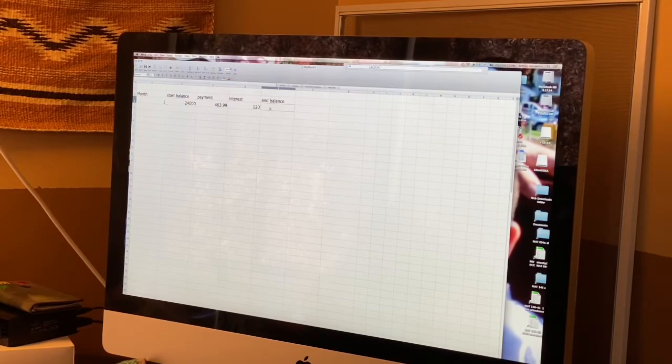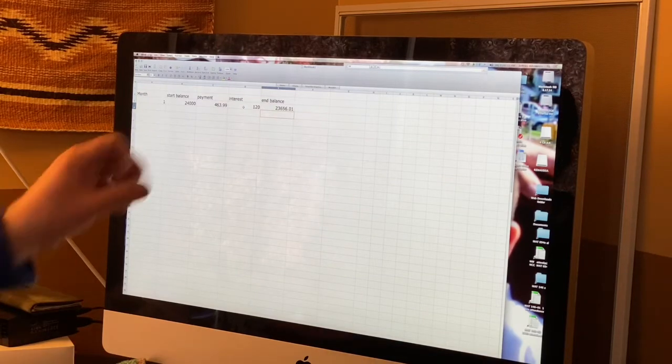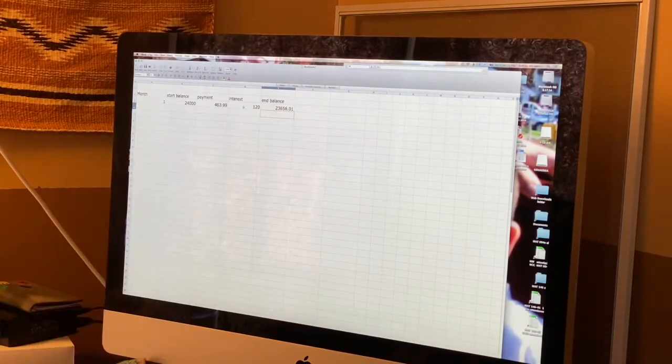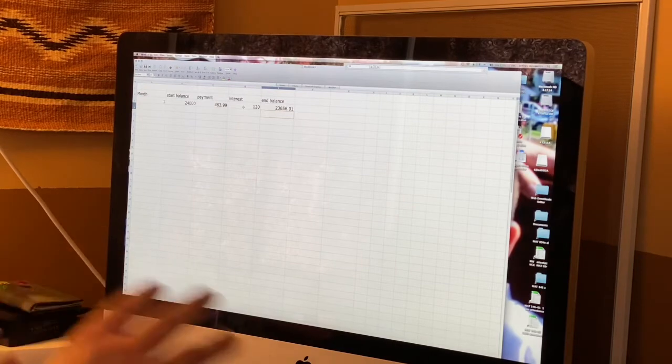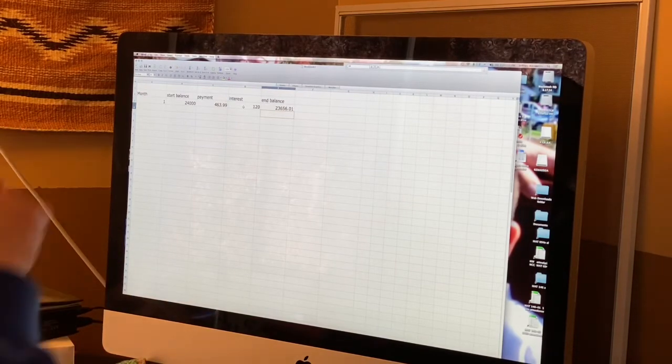And now what we want to do each month is we want it to begin with the starting balance, which is what we began the month with, what we owed. And then we want to subtract from that. We always want to go get this payment minus the interest. Now that is in parentheses, so that determines the value that we found when we said, all right, let's take the $463.99 and subtract the interest for this month and create a number that we don't see in this chart to get that to drop.